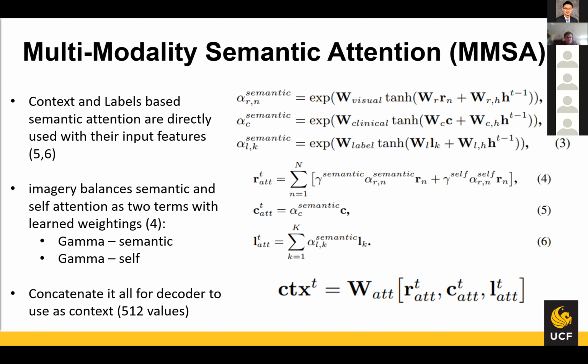But for the imagery, they wanted to include an extra term that included both the semantic attention and just pure self-attention with the features computed from the image encoder. So they added another term in equation 4, and then they just weighted both of those terms by 2 learnable parameters, gamma for the semantic weight, and then gamma for the self-attention weight.